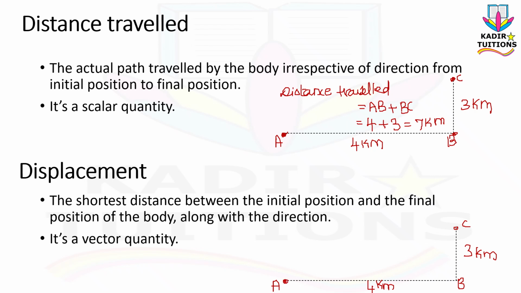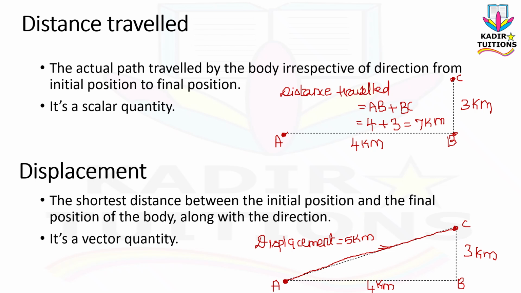Our initial position is A, and our final position is C. So we are going to make a shortest path from A to C and that should be a straight line also. So AC is the shortest path, that is nothing but the displacement. What is the value of AC? Here it's nothing but 5 kilometer. So our displacement is 5 kilometer.